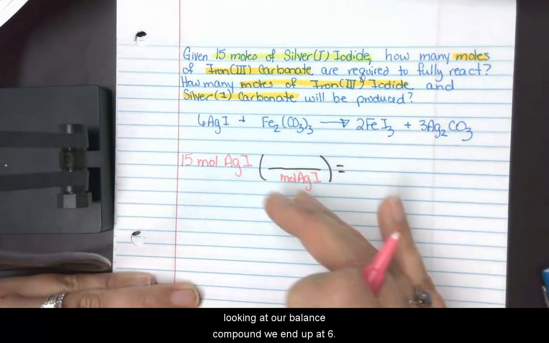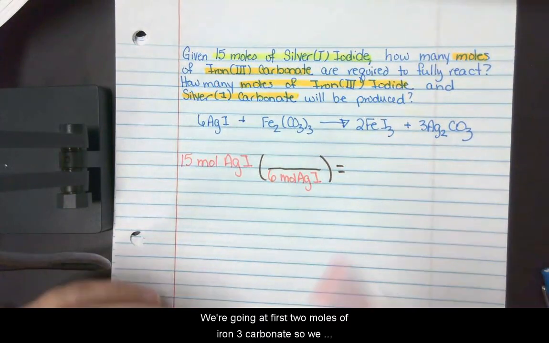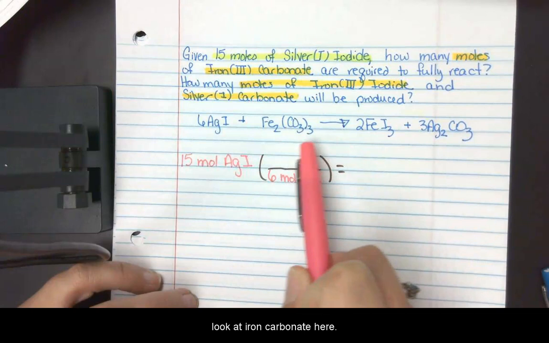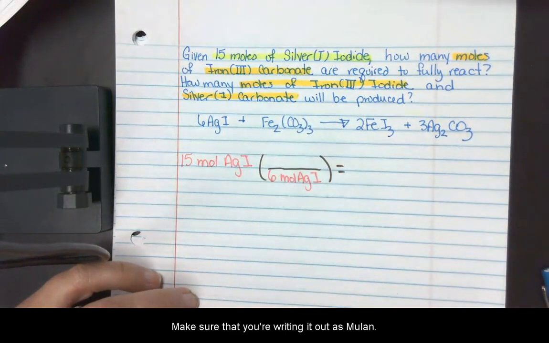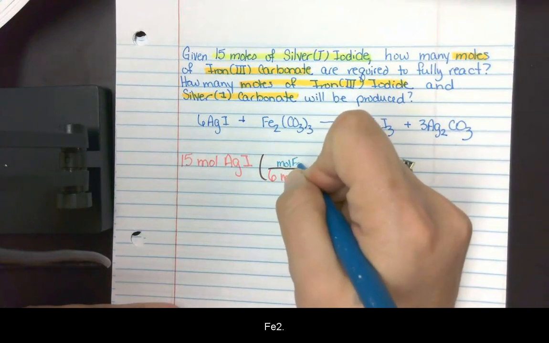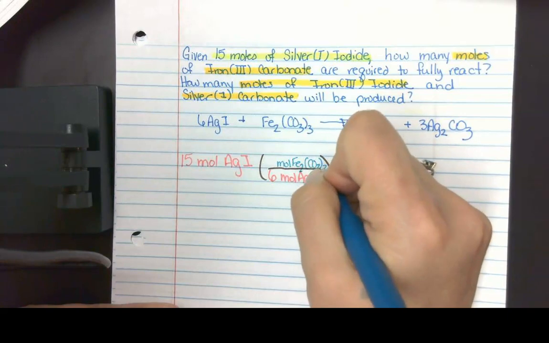So looking at our balanced compound, we end up with 6 mole silver iodide. We're going first to moles of iron 3 carbonate. So we look at iron carbonate here. Make sure that you're writing it out as mole Fe2(CO3)3.